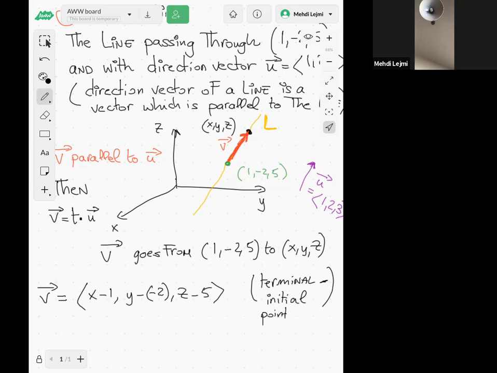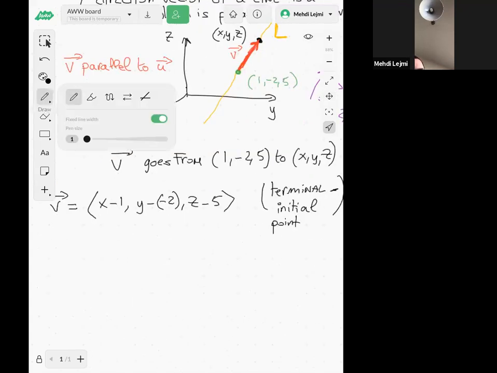And now we are saying that this vector v is supposed to be parallel to the vector u, because u is parallel to the line L. So then v is a multiple.